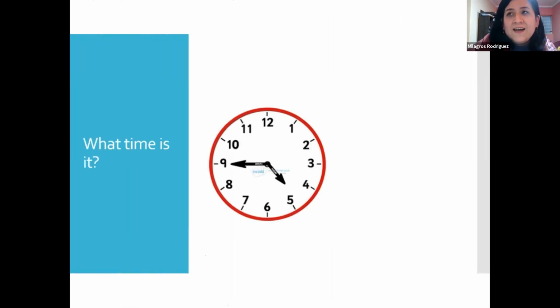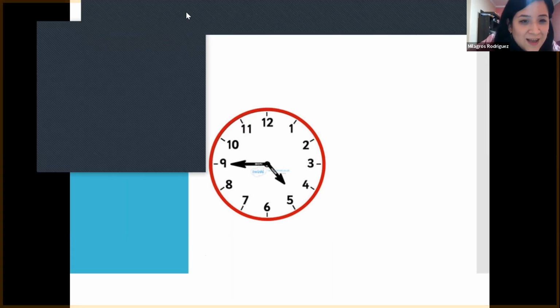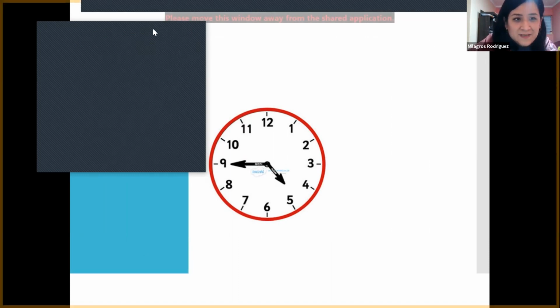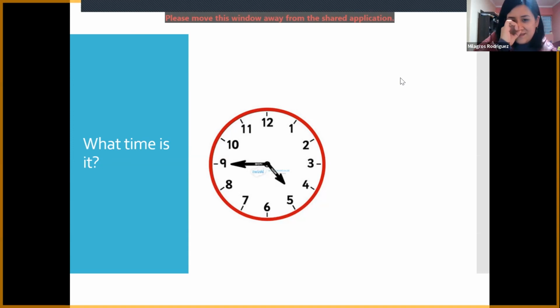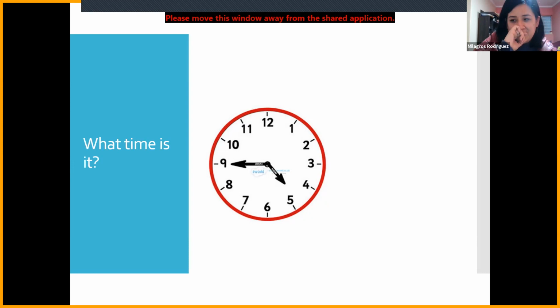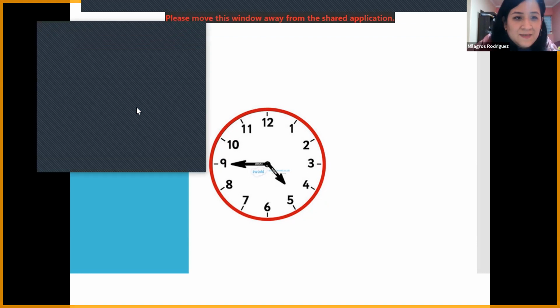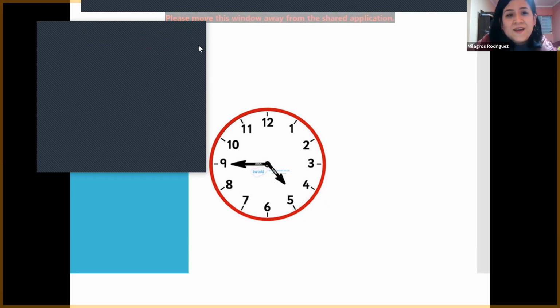Wait. Let me see one name. Paola, what time is it in this clock? Paola? Are you connected, Paola? Not connected? Luz, are you here?